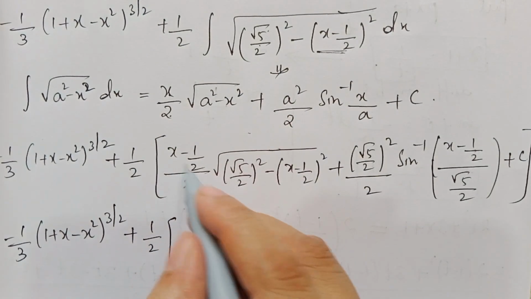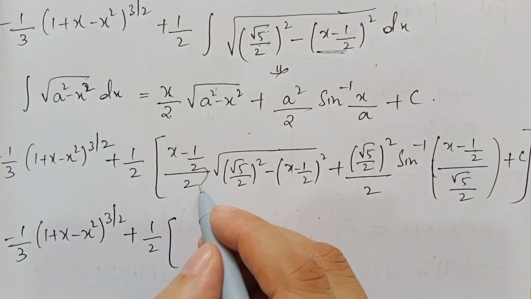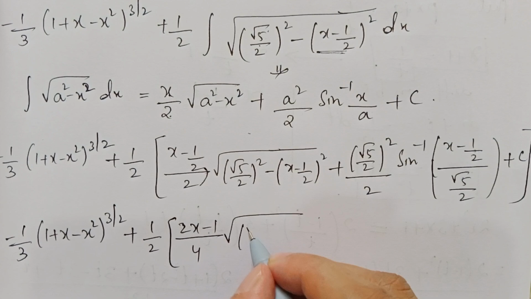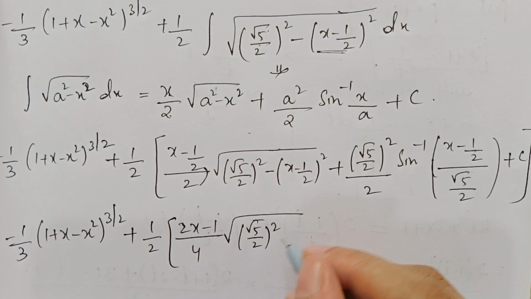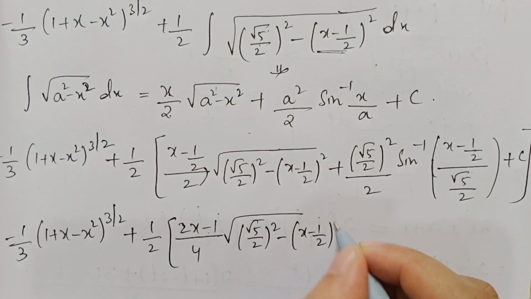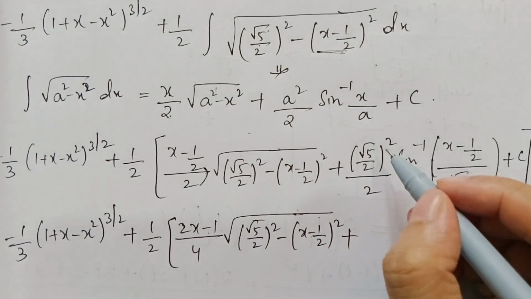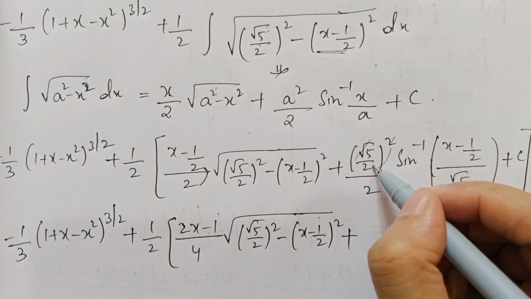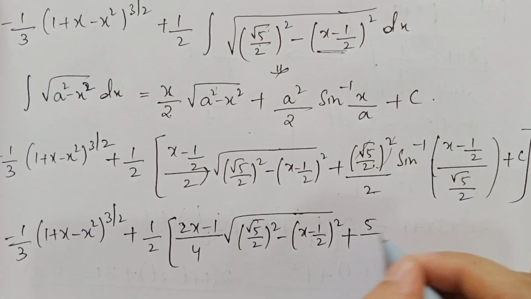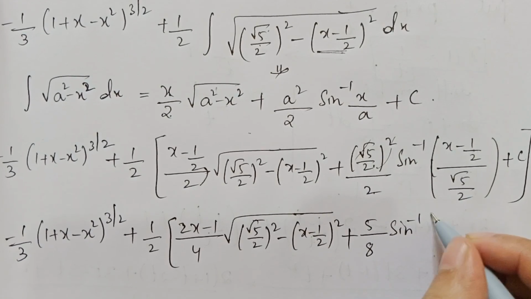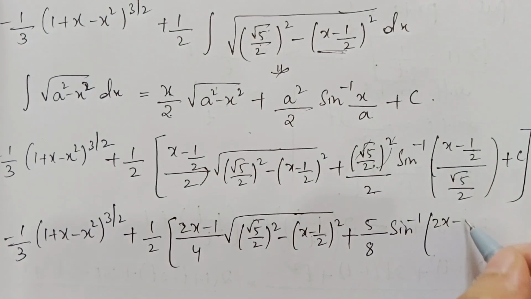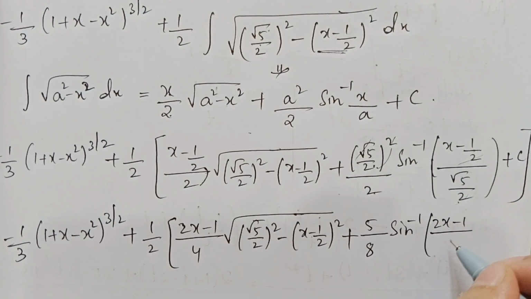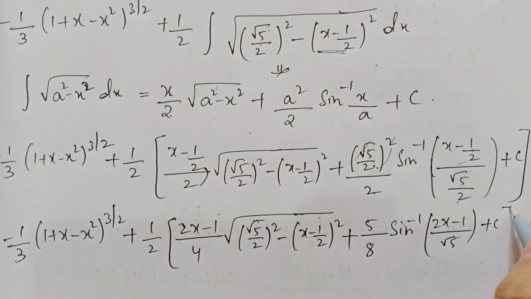Now taking the LCM, so it is 2x minus 1, and this multiplies, so it is 2x minus 1 by 4 into root of this, which remains as it is, root 5 by 2 whole square minus x minus 1 by 2 square, plus this square, and root 5 gets cancelled, and for 2 it will be there, so 2 square will be 4, 4 into 2 is 8, so it is 5 by 8 sine inverse. Now here taking the LCM, so it is 2x minus 1 by 2 will be there, that 2 and the denominator 2 get cancelled, so we will be left with root 5 in the denominator, plus c.